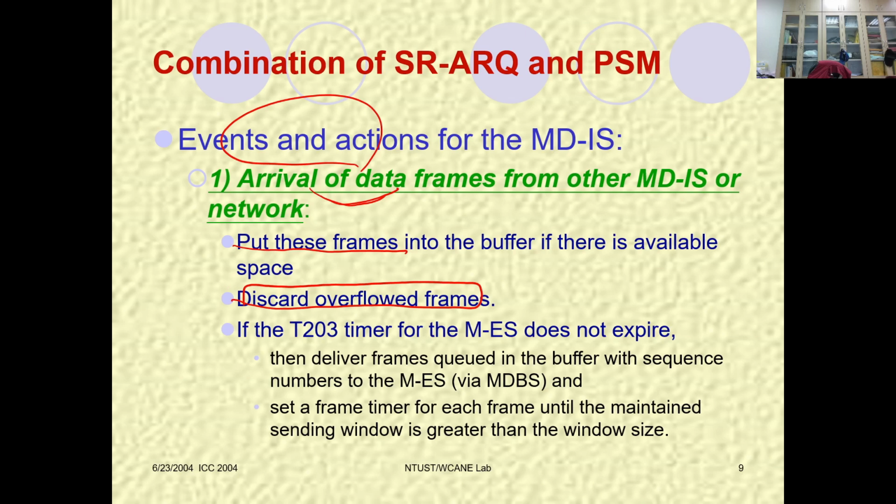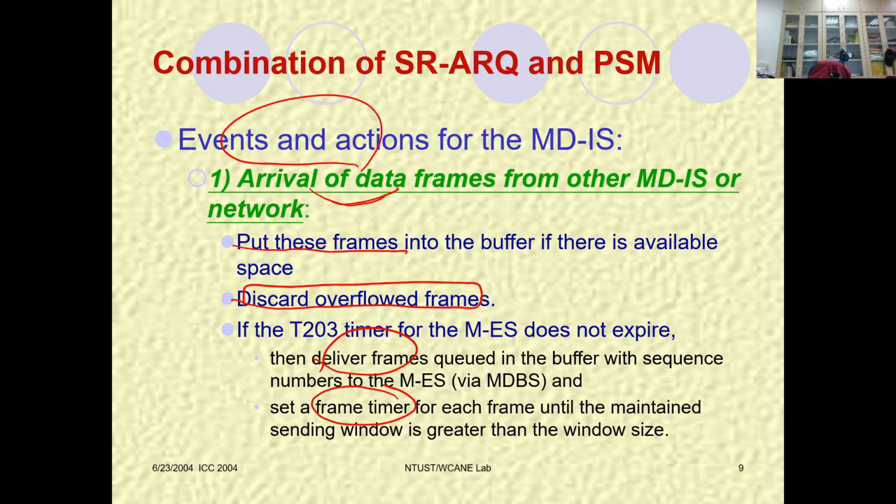If the T203 timer for the MES does not expire, then we can deliver the frame. To deliver the frame, we need to associate a timer with it, which is called the frame timer.